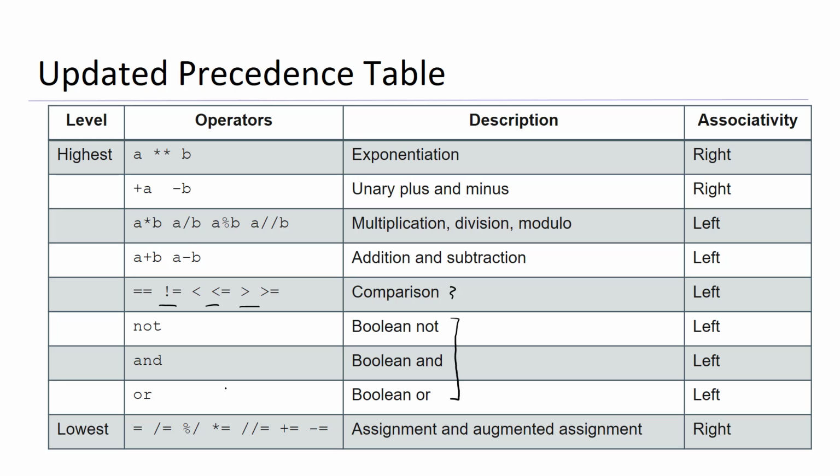Also, among the Boolean operators, NOT has higher precedence than AND. If you have AND and OR appearing in the same expression, and you don't have any parentheses to group parts of the expression, then the AND will be evaluated before the OR.